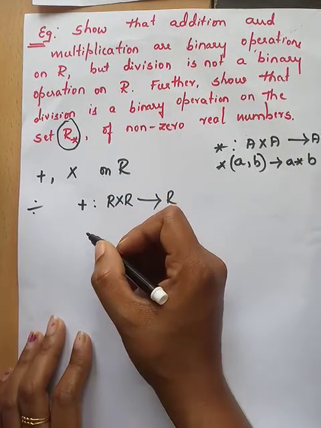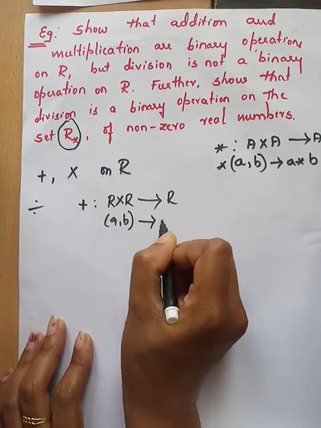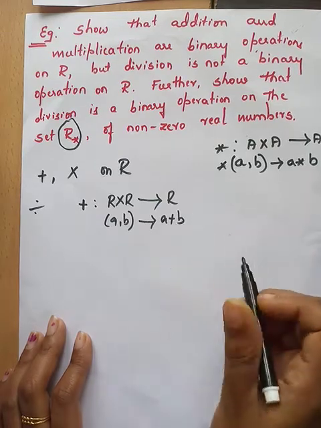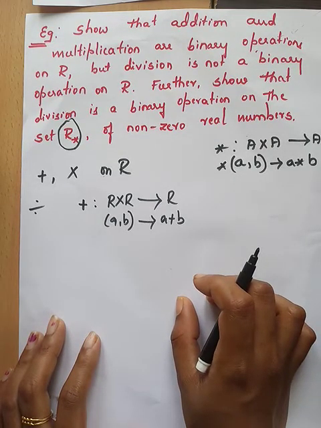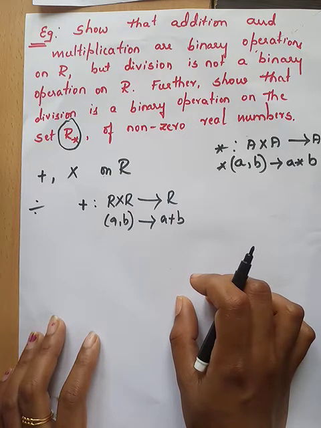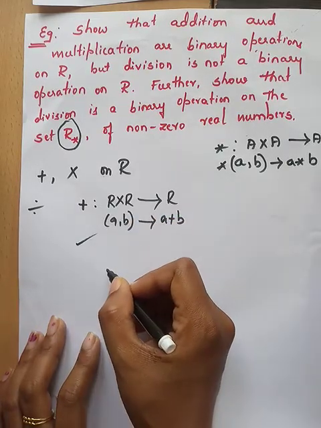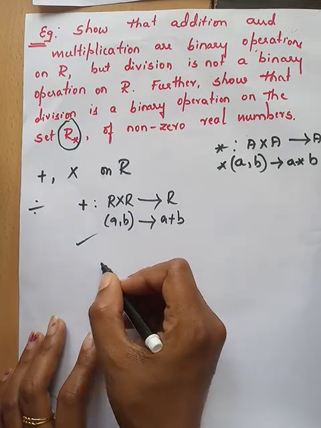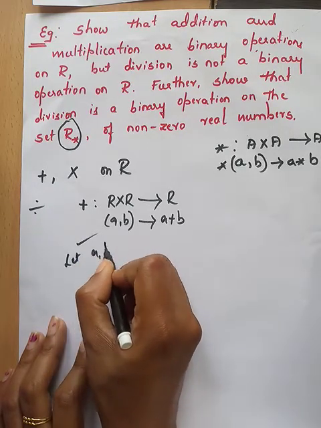And you define it as A comma B going to A plus B. Since you know that if you take any 2 real numbers, when you add them you'll get back a real number itself, right? This is a known fact. So we can clearly say that addition is a binary operation. Take any real numbers, let A comma B belong to R.